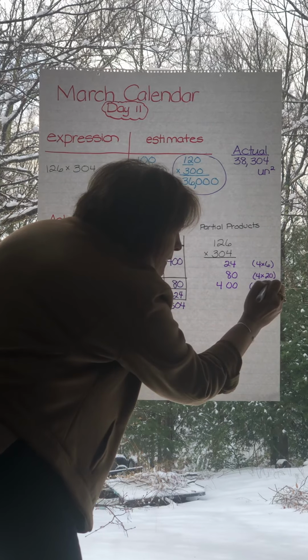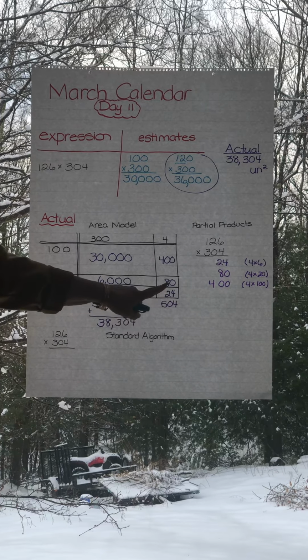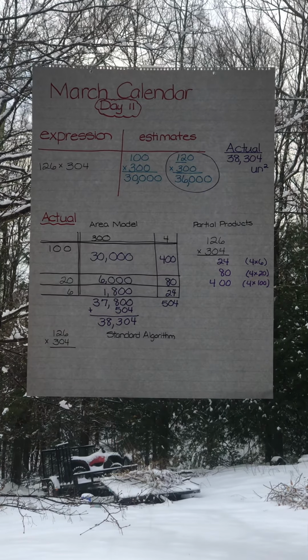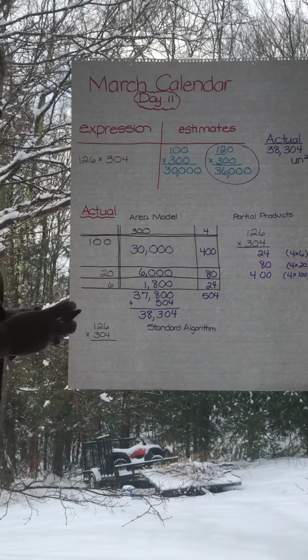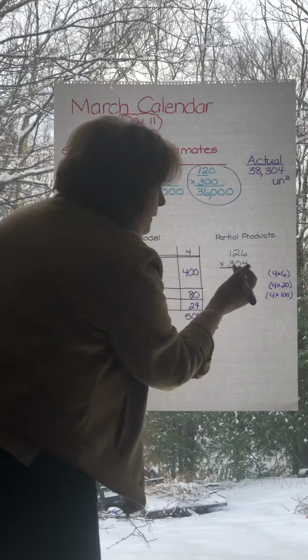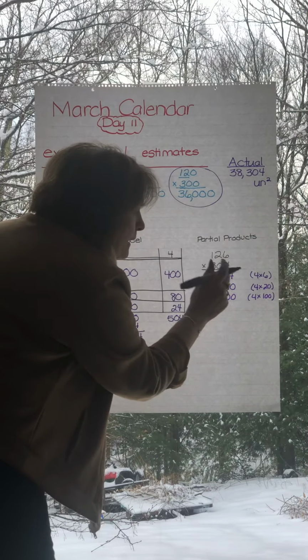And I hope that you're seeing that all of the same things are listed on our area model as are our partial products. Okay, and then we skip way over to 300 times 6.